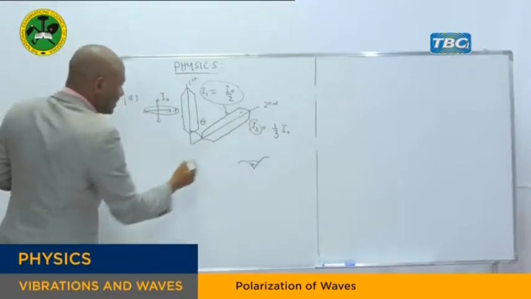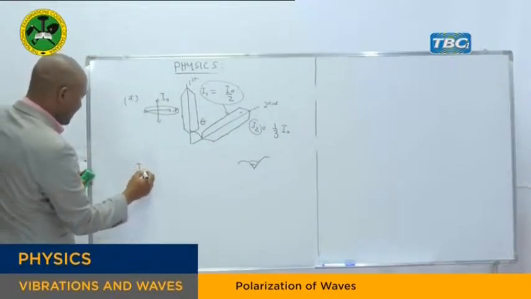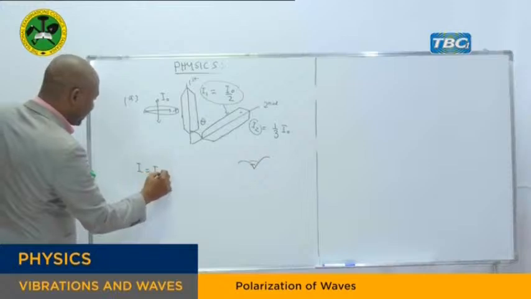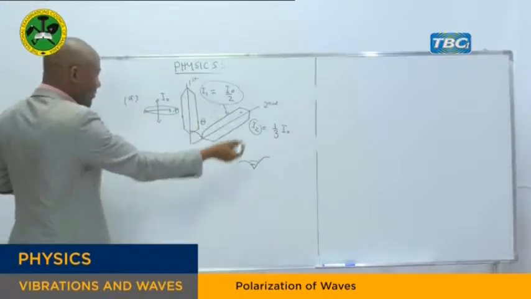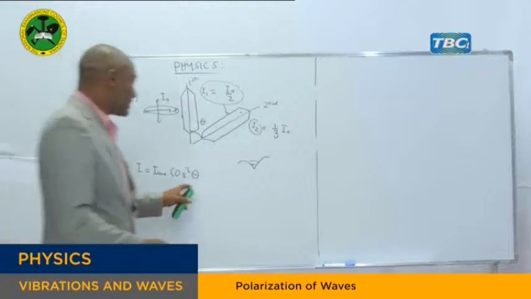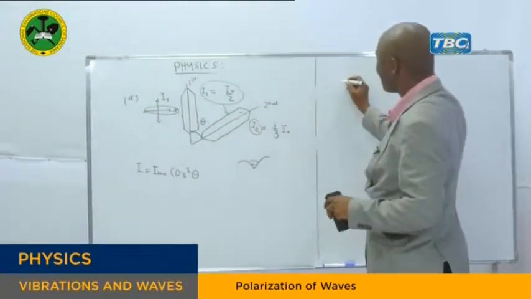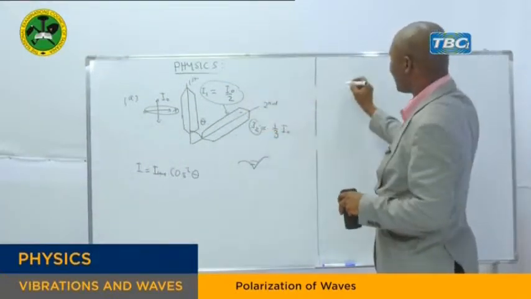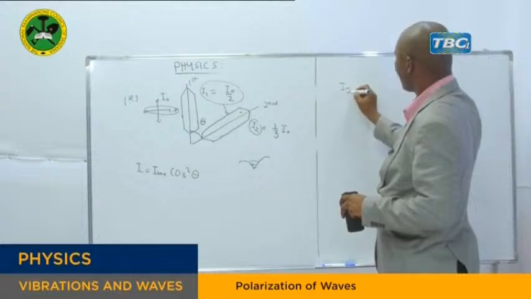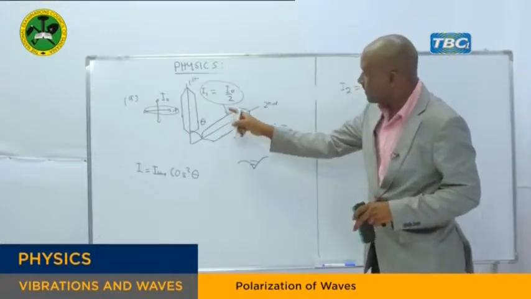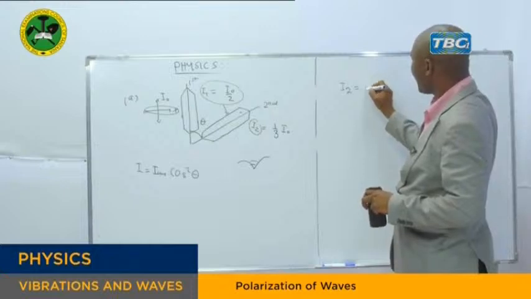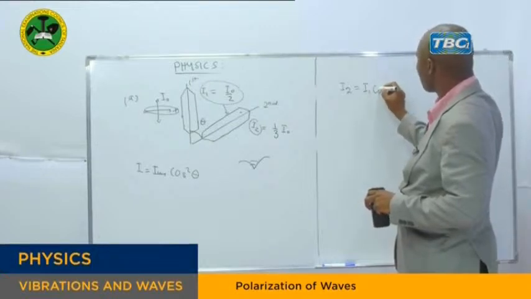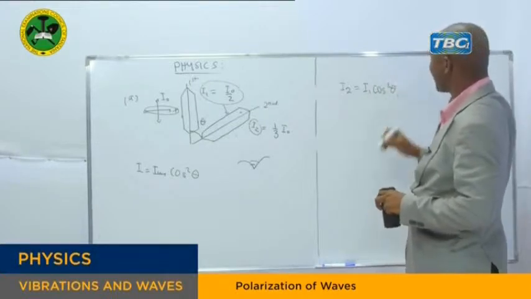So let's take this I2. This is from the formula, maximum intensity times cosine squared of the angle between. From this Malus's law, we are looking for I2, which is passing after being transmitted through the second polarizer. It's given by I1 cos squared theta.